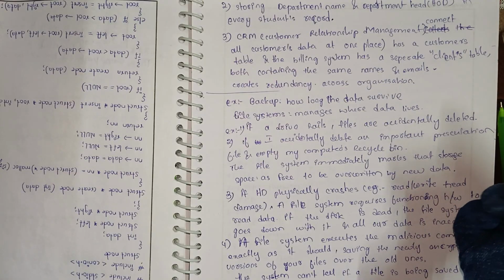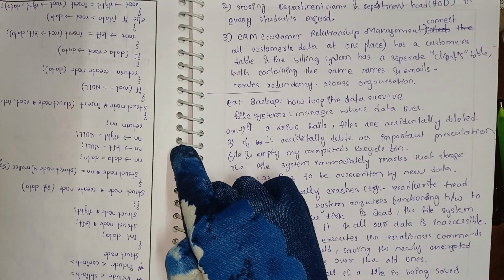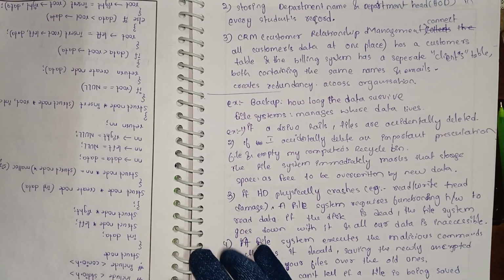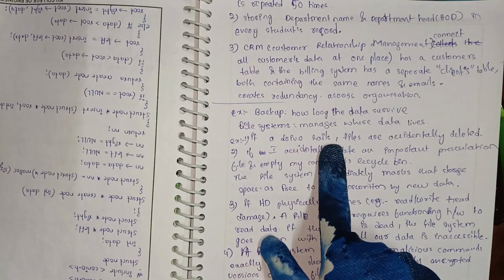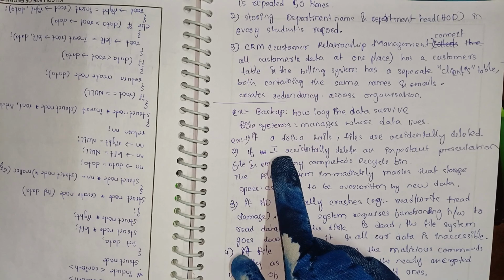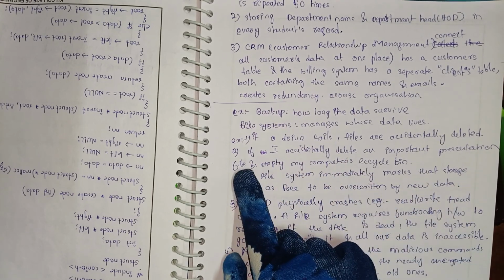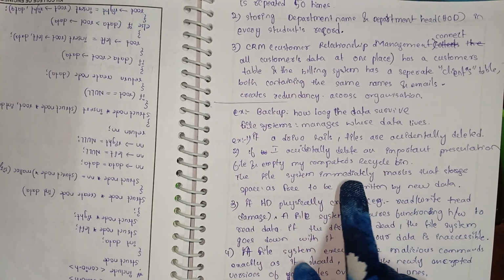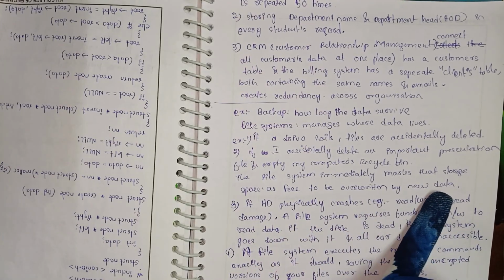Examples of file system where we can't back up the data: first, if a drive fails or files are accidentally deleted. If I accidentally delete an important presentation file and empty my computer's recycle bin, the file system immediately marks that storage space as free to be overwritten by new data.